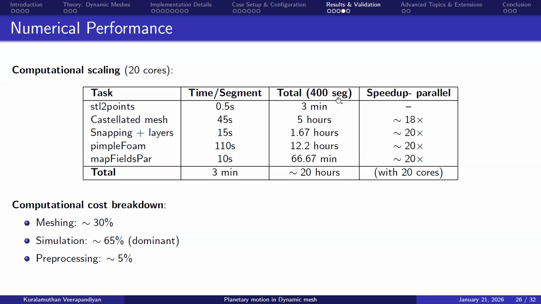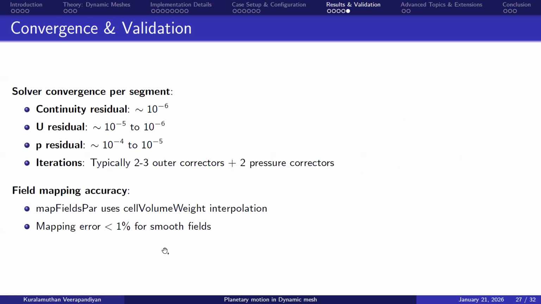So essentially, for 400 segments and 20 cores, I have to run the simulation for around 20 hours to get the entire simulation output. Pre-processing doesn't account for much of the time, with the simulation occupying more than half of what we spent calculating. So we have residuals.